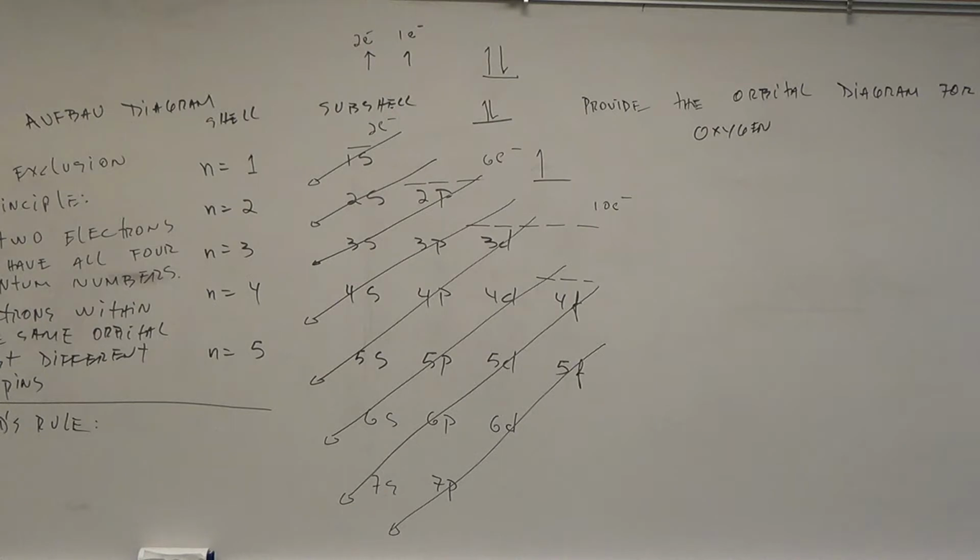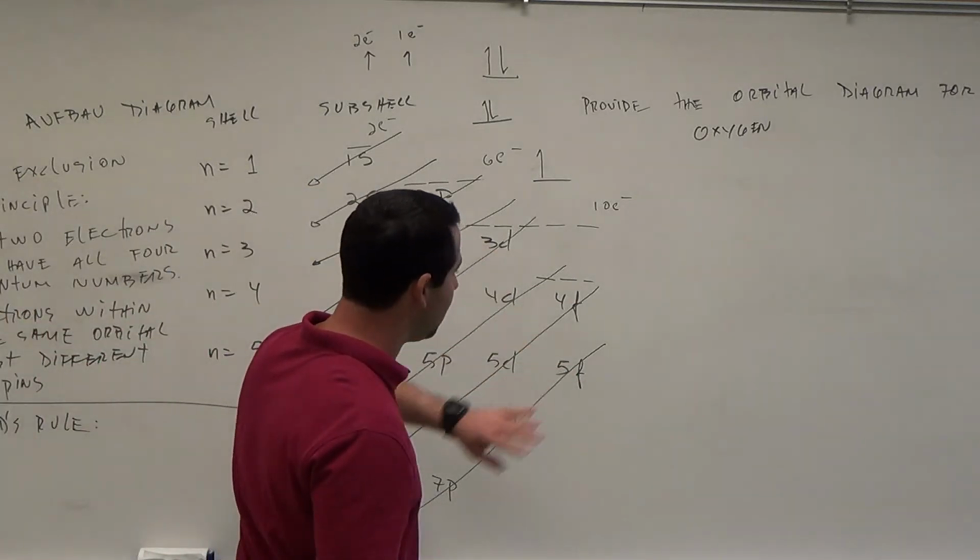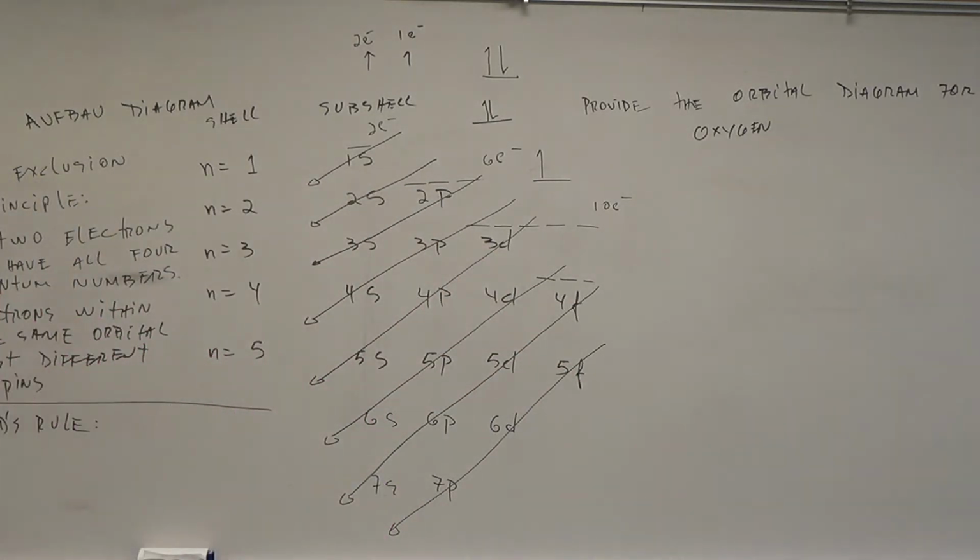In a multi-orbital subshell, which one am I talking about from the get-go? Am I talking about the S? No, the P. The S is not included. In a multi-orbital subshell, that means it could be the P, the D, and the F. In a multi-orbital subshell, before you pair the electrons in the same orbital.